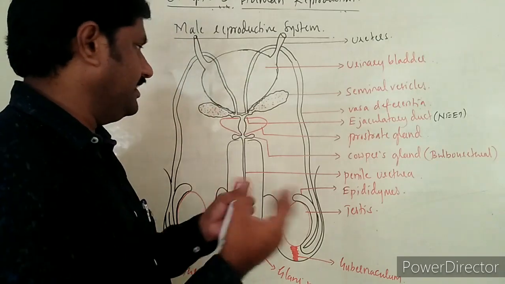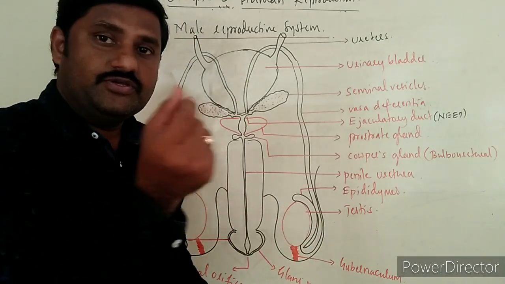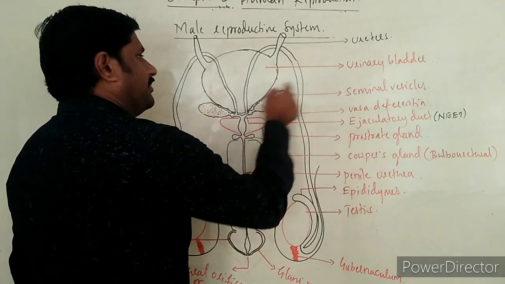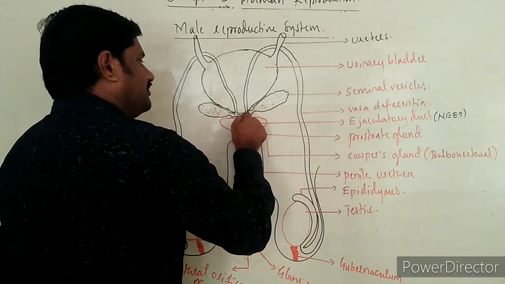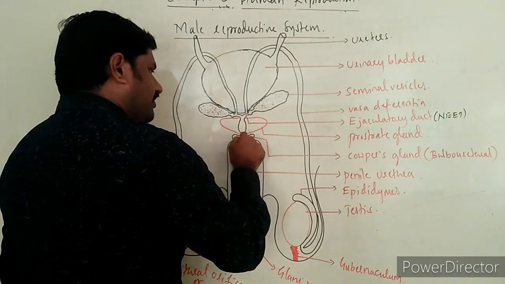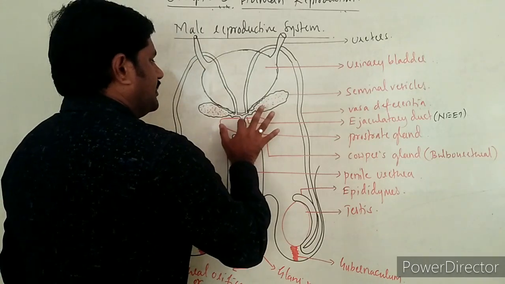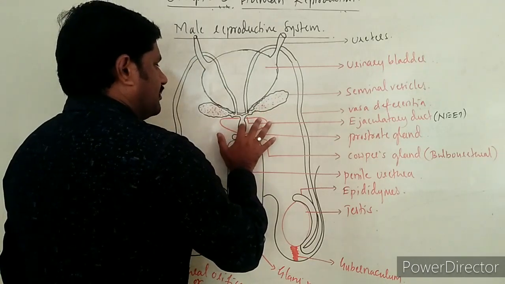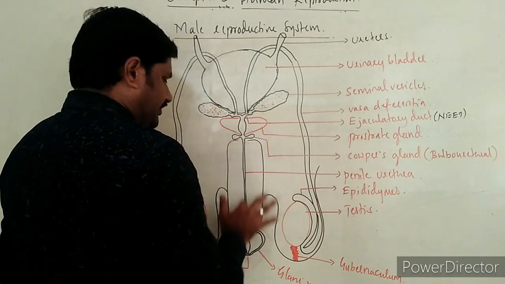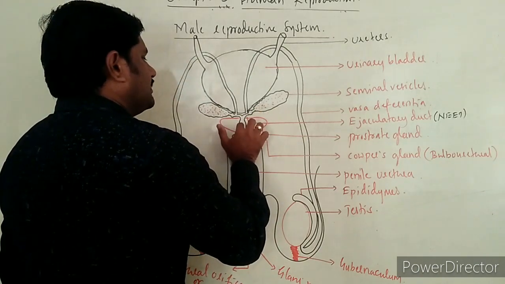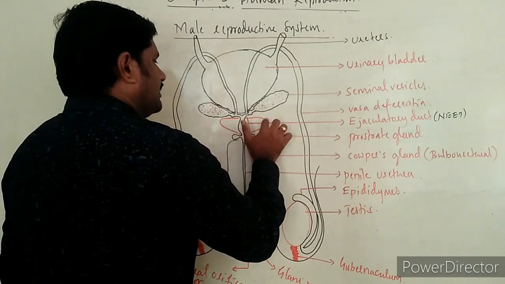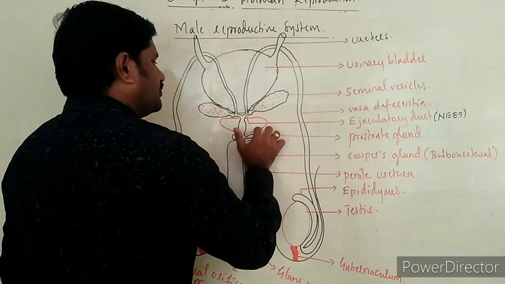All those things I will explain later. Now you just go through the connections. The secretion of the seminal vesicle comes into the ejaculatory duct, and along with the sperms it enters into the urethra. This common passage itself is called the urethra. And this urethra is surrounded by a single large gland called the prostate gland.